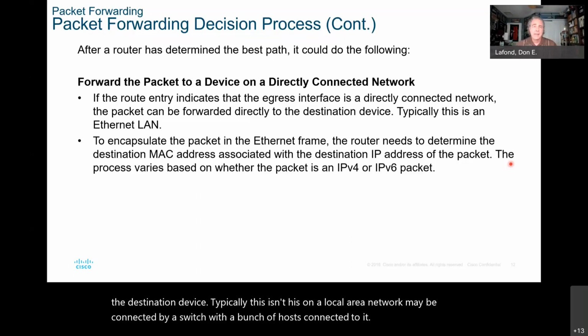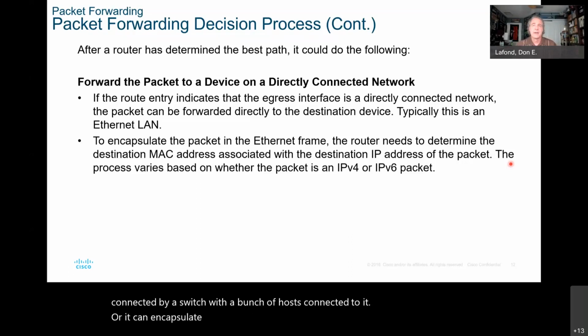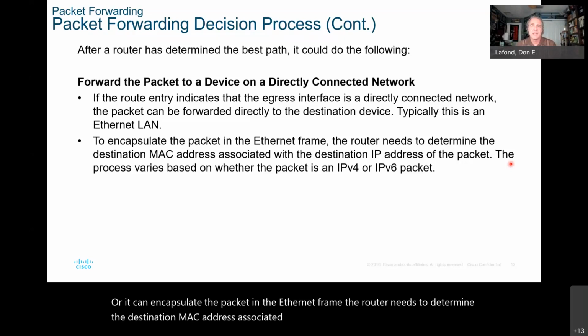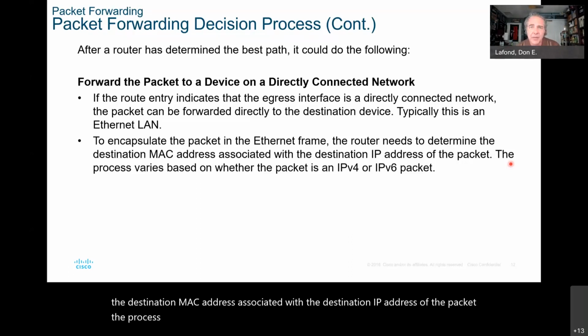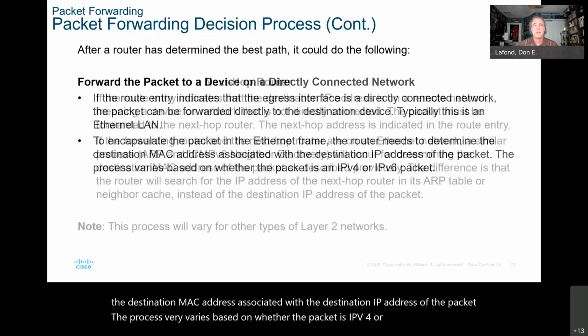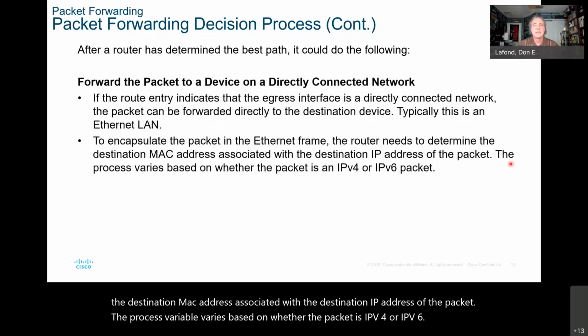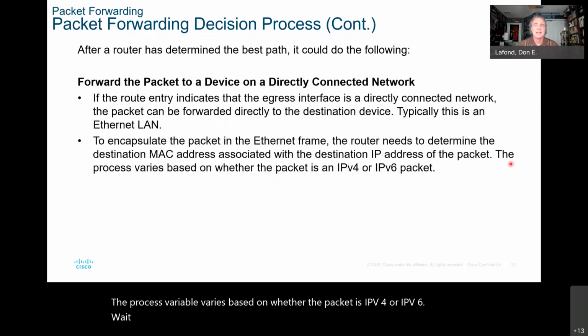Or it can encapsulate the packet in the Ethernet frame. The router needs to determine the destination MAC address associated with the destination IP address of the packet. The process varies based on whether the packet is IPv4 or IPv6. Wait, that is directly connected. So in order to send it, we have to encapsulate it and send it over Ethernet.